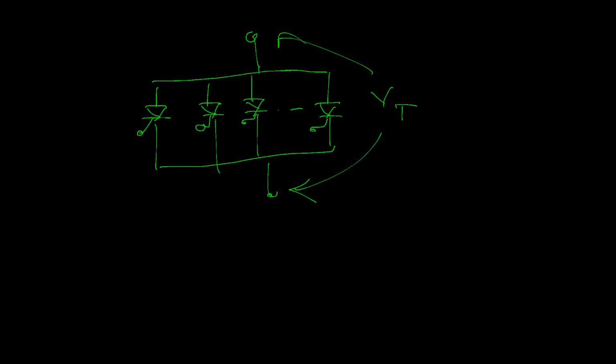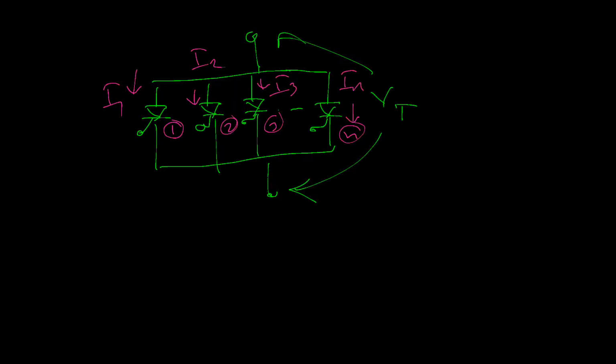As they are connected in parallel, the voltage across each SCR should be the same. That means for SCR1 the current shared is I1, for SCR2 the current is I2, for SCR3 the current is I3, and for the nth SCR the current is In.